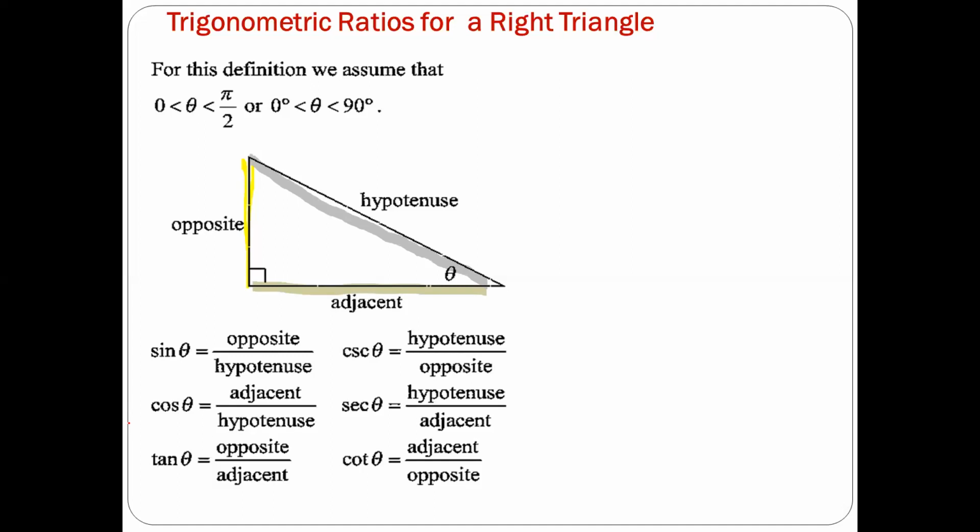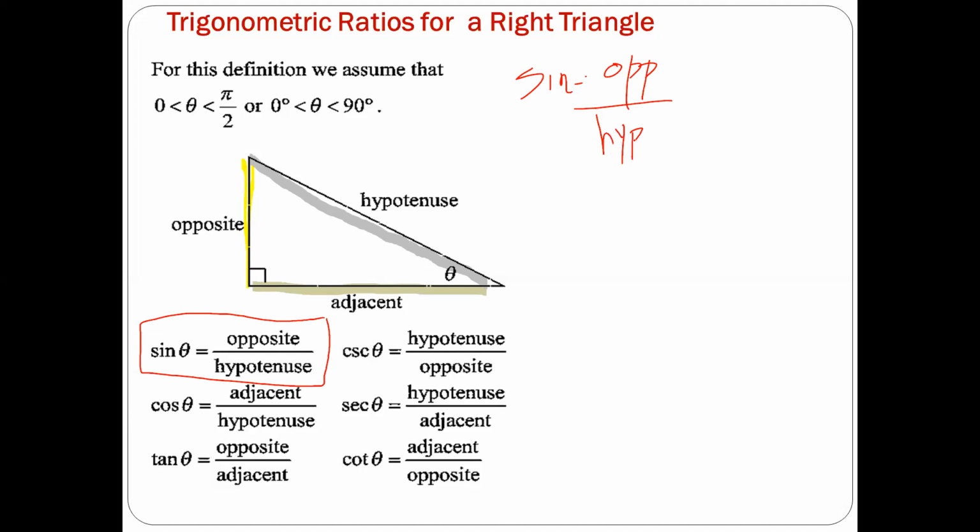Now, how can we find sine theta? Sine theta is the opposite side, the yellow one here, over the hypotenuse. So sine is opposite over hypotenuse.